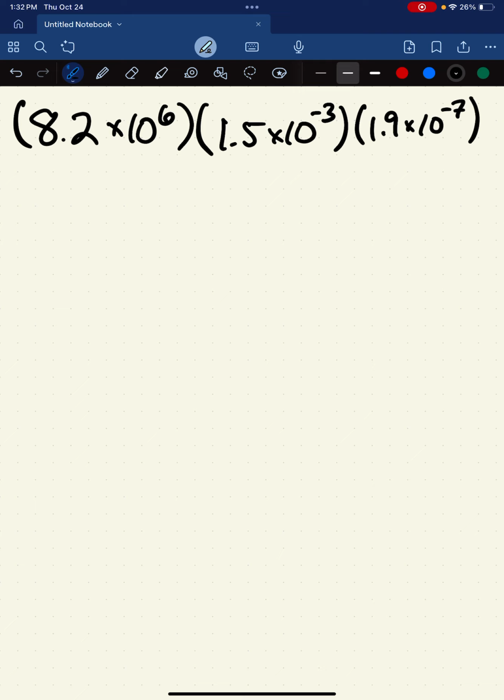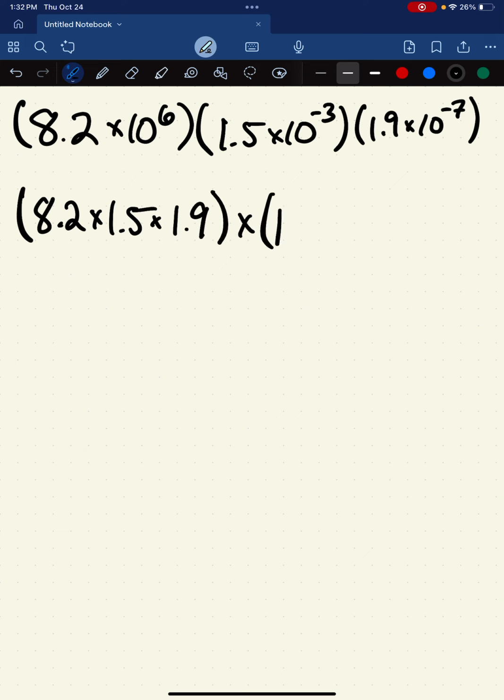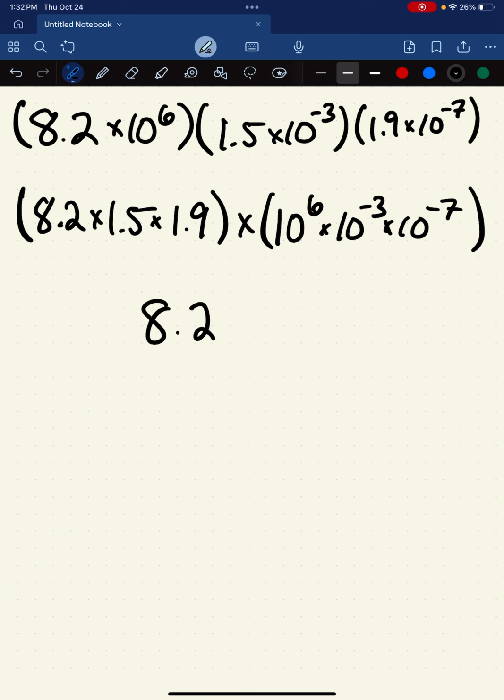Generalizing the two-number case, we can write this as 8.2 times 1.5 times 1.9 times 10 to the 6 times 10 to the negative 3 times 10 to the negative 7.